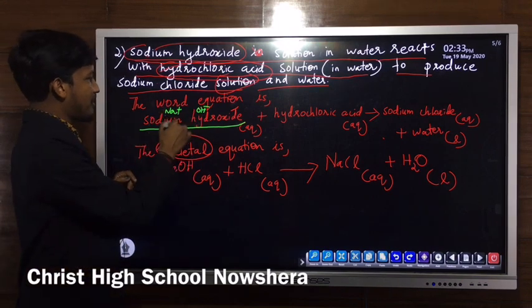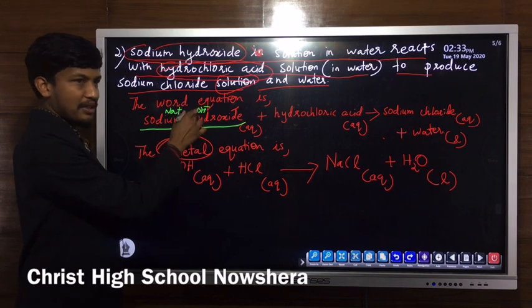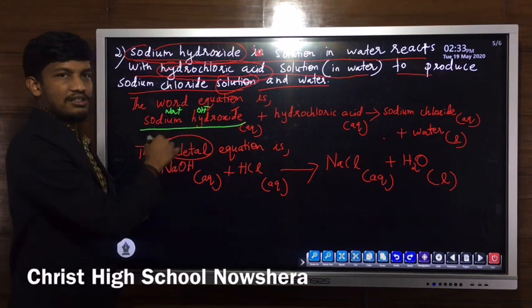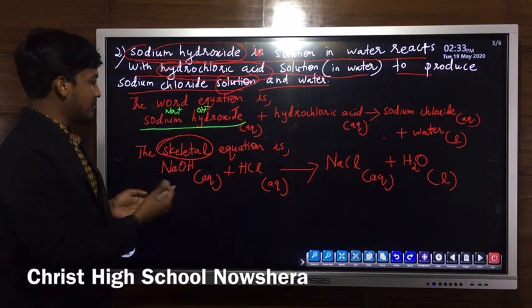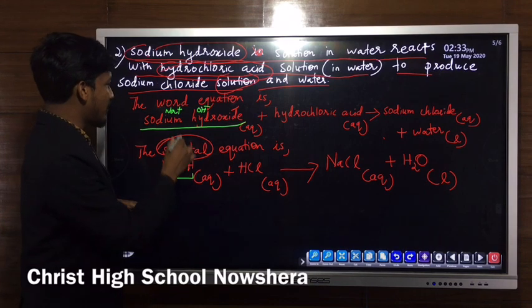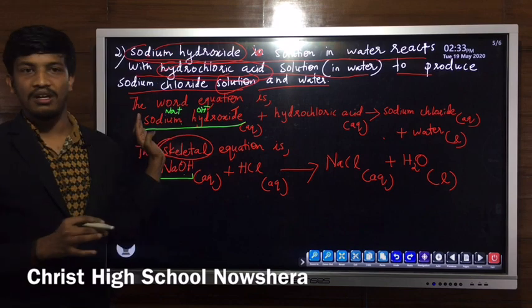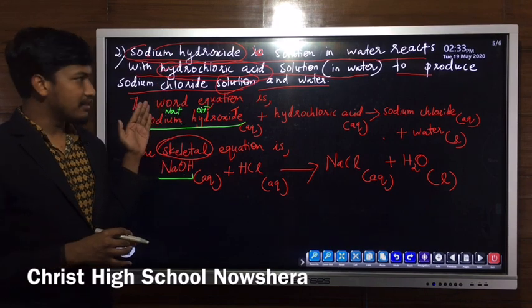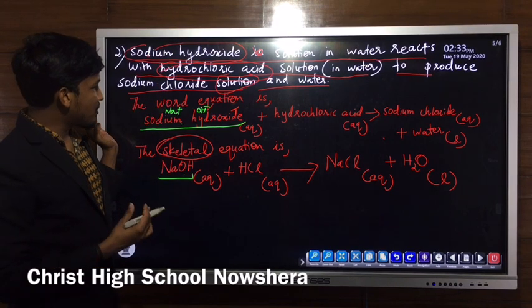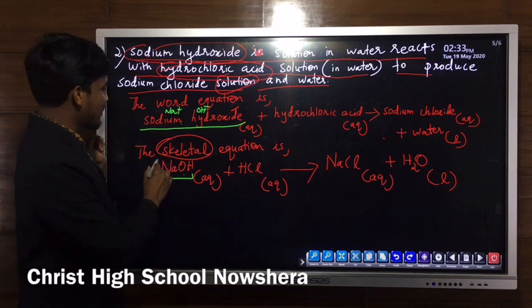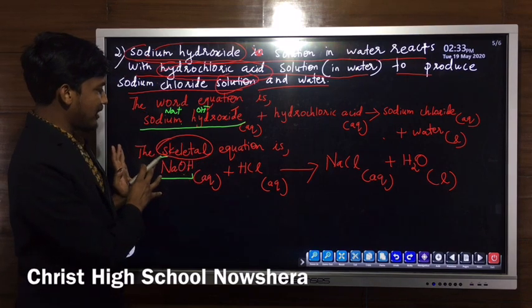Then exchange the valencies. OH is polyatomic, so write it in brackets. Using the exchanging method, you will get the formula of sodium hydroxide, NaOH. So you have to find the chemical formulas of all these ionic compounds, then in the rough sheet or in the margin, and then you can write this skeletal equation in the main sheet.